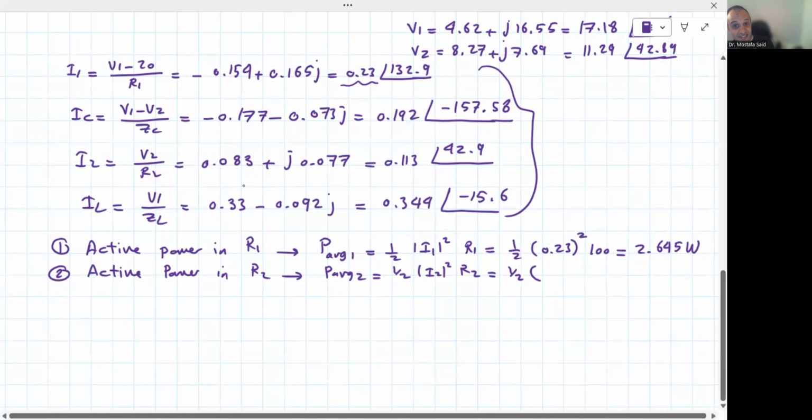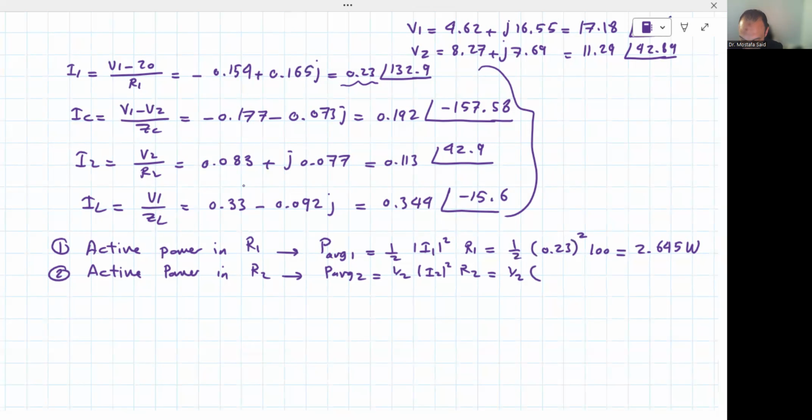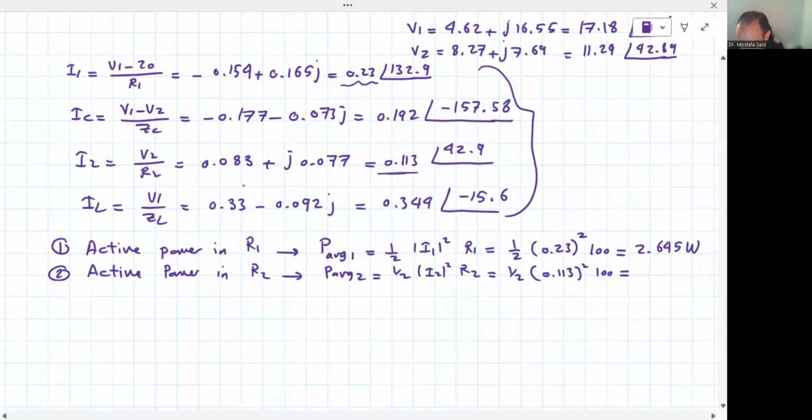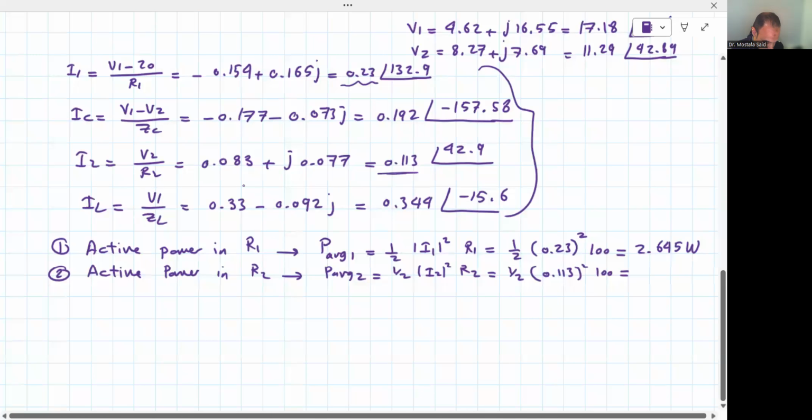And again, the importance of the polar form. I2 amplitude is basically the amplitude here, so it's 0.113. 0.113 squared, and again R2 is 100, like R1. That will be 0.638 watts.